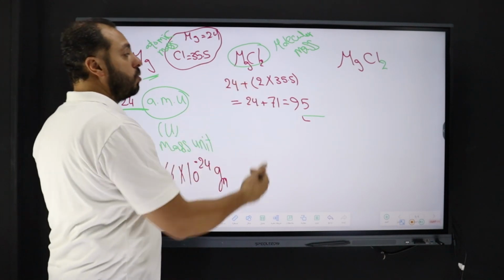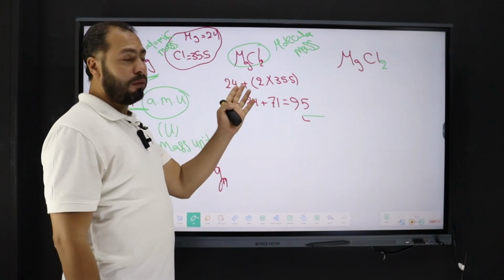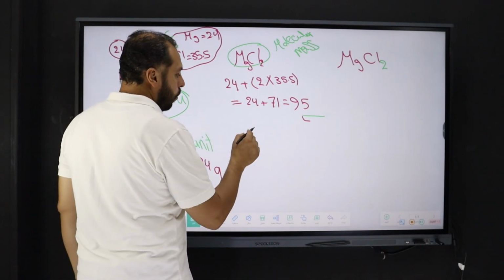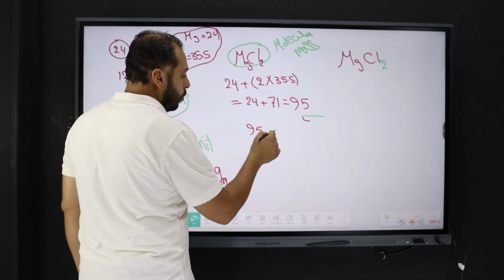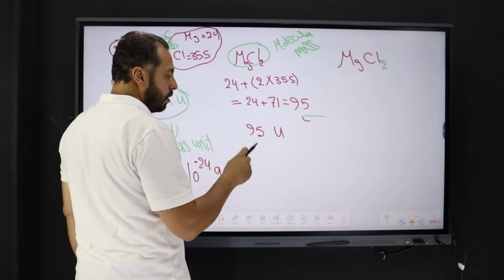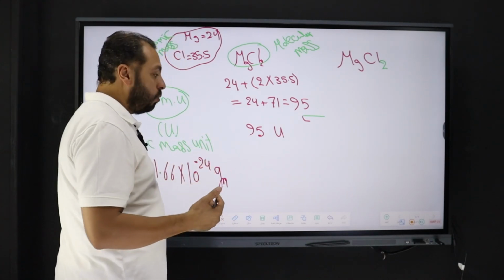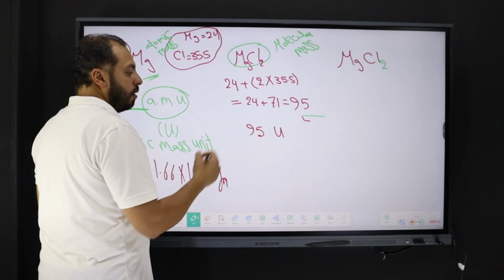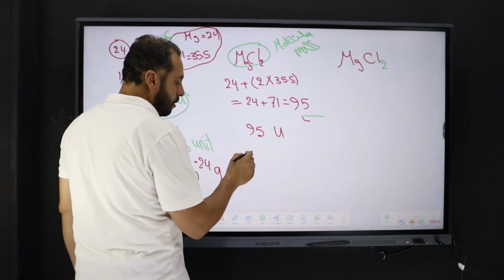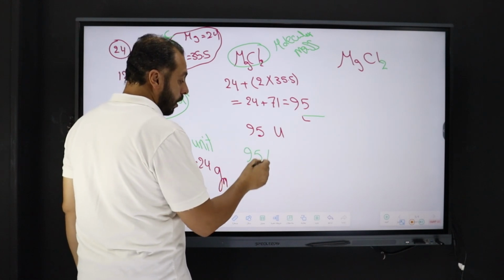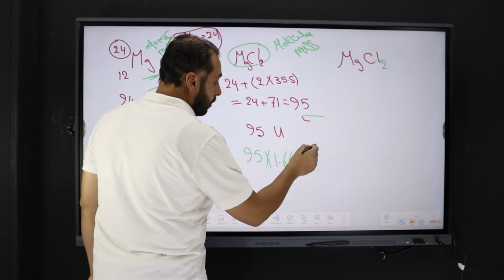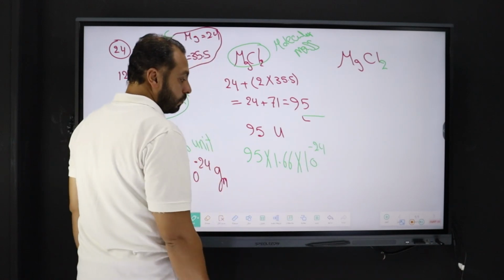But what about the mass of one molecule or one formula unit of magnesium chloride? The same thing, equal 95 U, atomic mass unit. But we want to know how many grams this amount represents. So equal 95 times 1.66 times 10 power negative 24 gram.